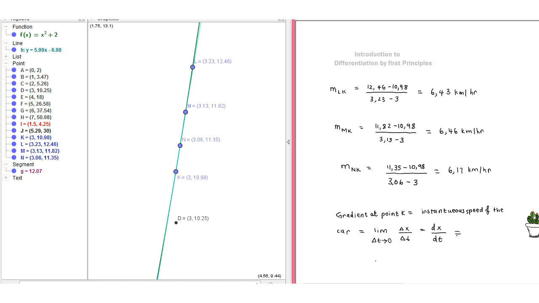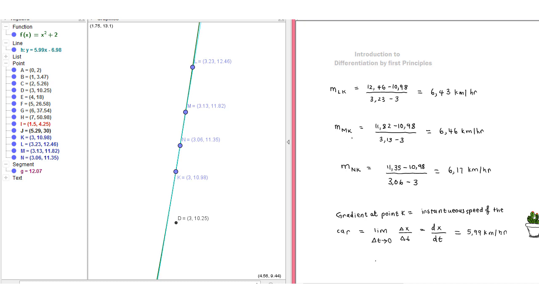And we see that the limit as delta t tends to 0, for this car at a time of t, is equal to the gradient of the tangent line at K. If you look at the equation of the gradient of the tangent line, its gradient is 5.99, which means that the car's speed at exactly 3 hours was 5.99 kilometers per hour.